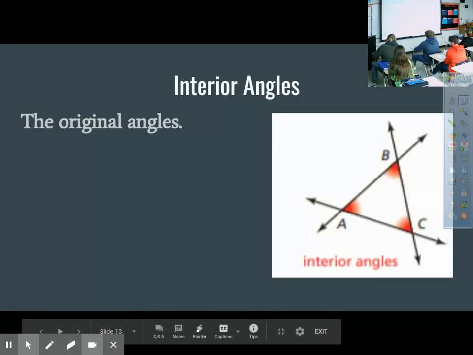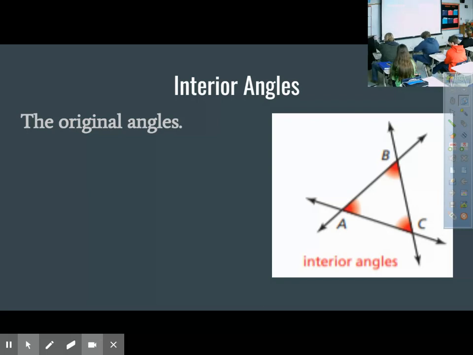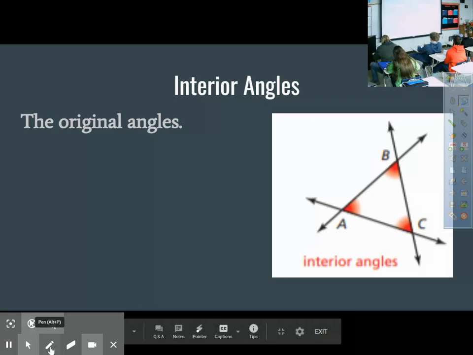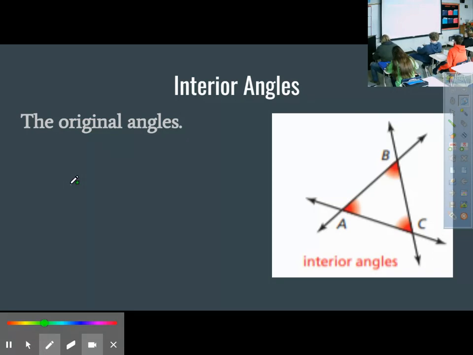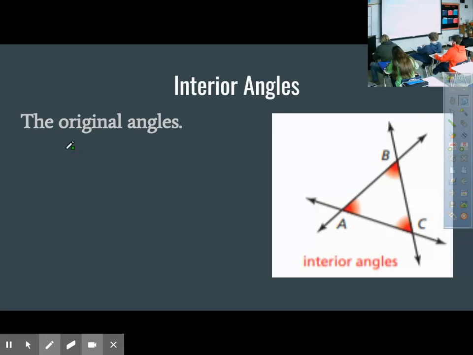Alright, chunk 2, interior angles. Here's what you needed the 2 different colors for. So what I need you to do over on chunk 2 on teacher notes, under interior angles, is write the definition: interior angles are the original angles of a triangle.